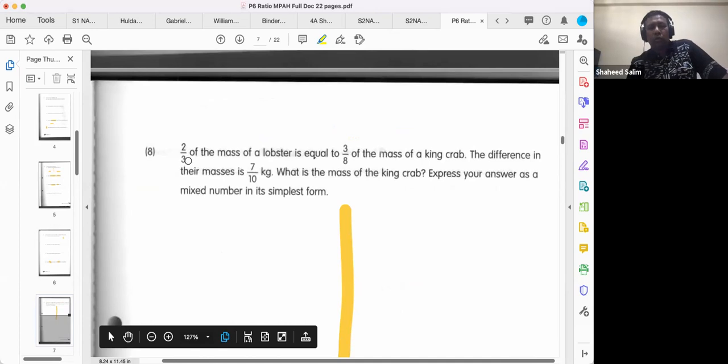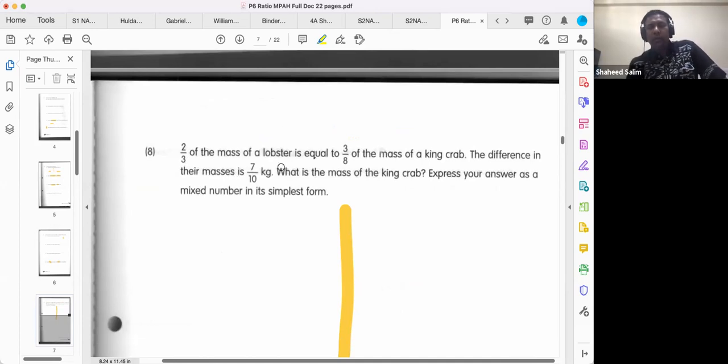So now 2/3 of the mass of a lobster. This one is different now. So 2/3 of the mass of a lobster. So you have 3 parts of the lobster.